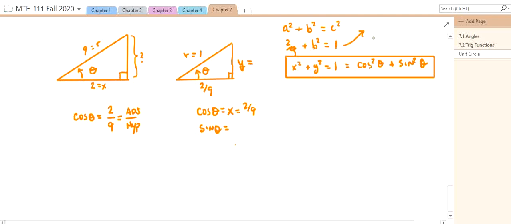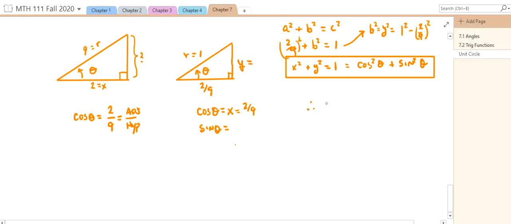So this leads to b squared, or y squared, equals 1 squared minus (2/9) squared.